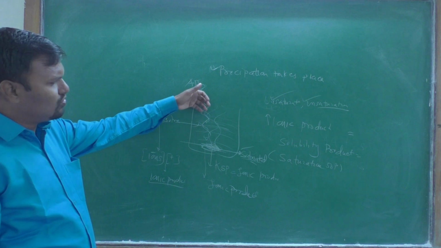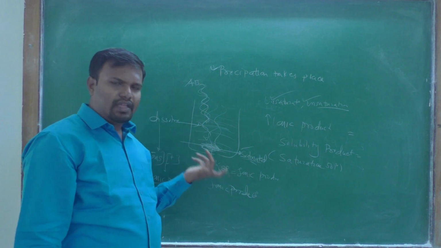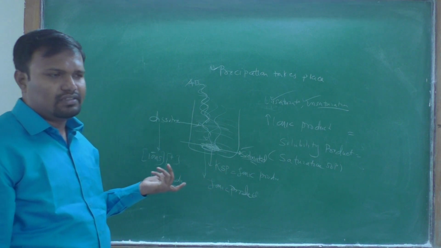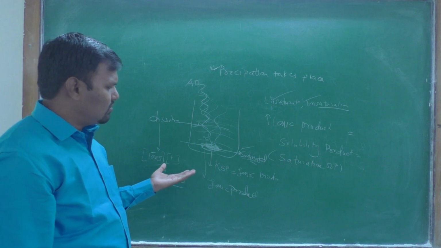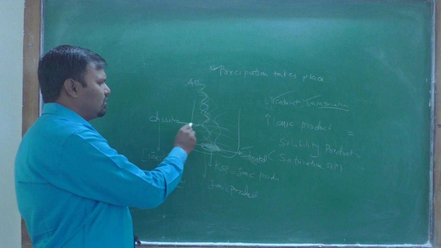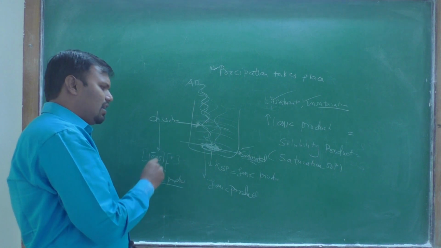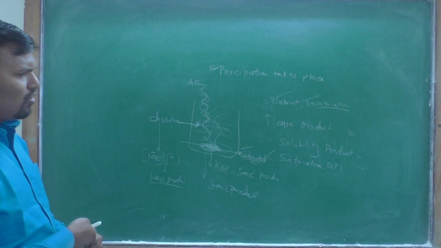Okay, that is an unsaturated solution, where the ionic product is higher than the KSP. At the start you consider it as the ionic product, and KSP is considered only at the saturated point.